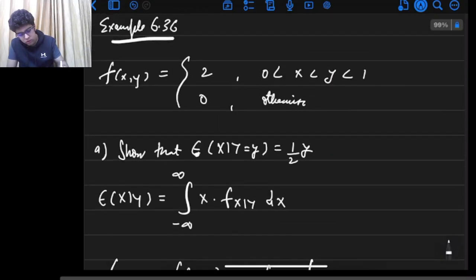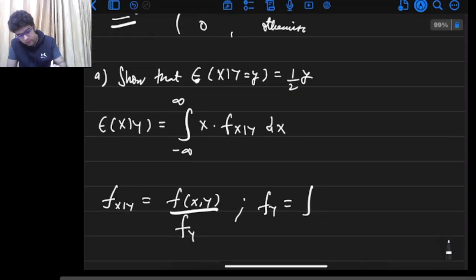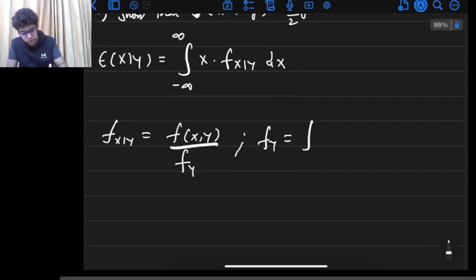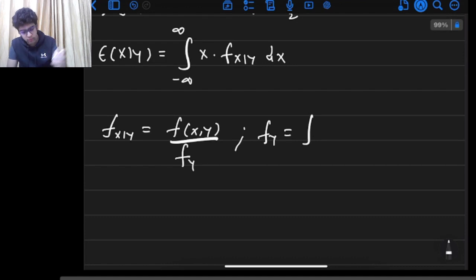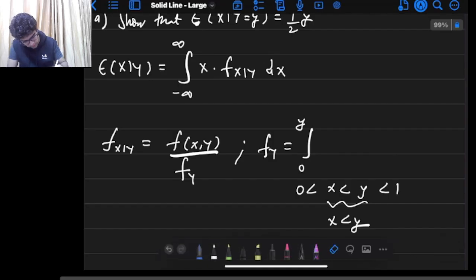The function is 2 when x and y both lie between 0 and 1 and x is less than y. This means our limits for x will be 0 to y.